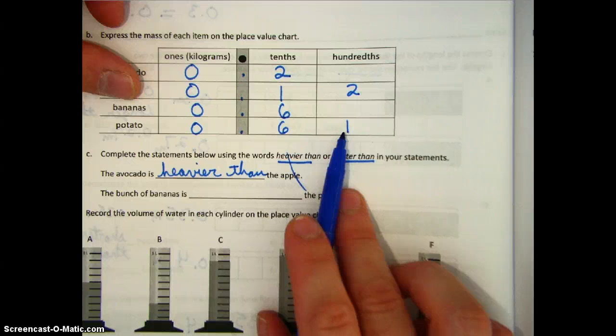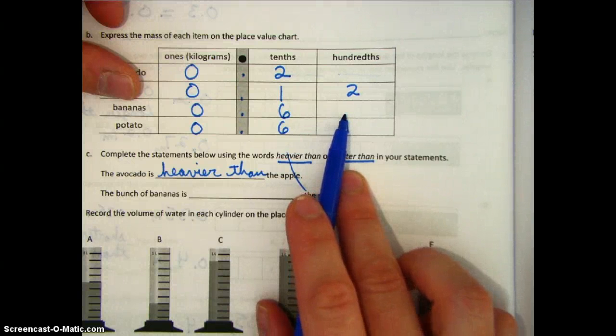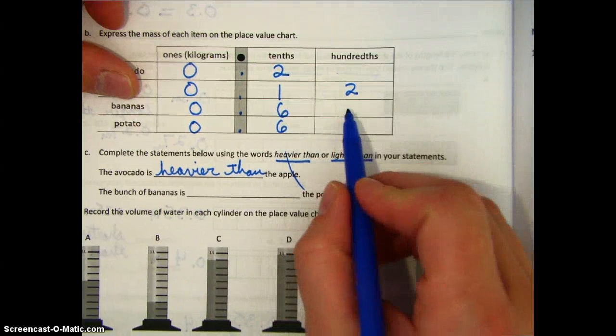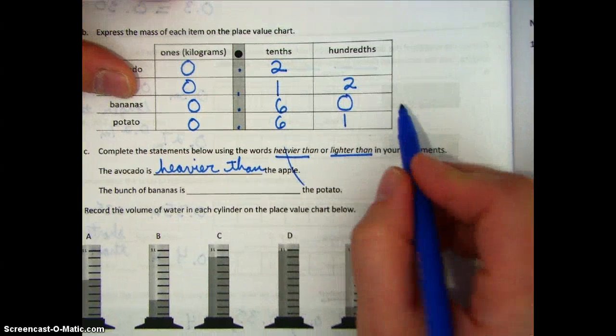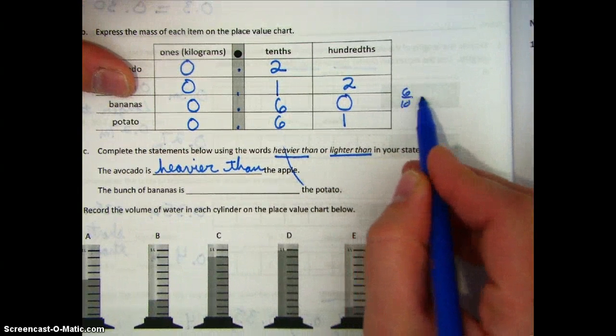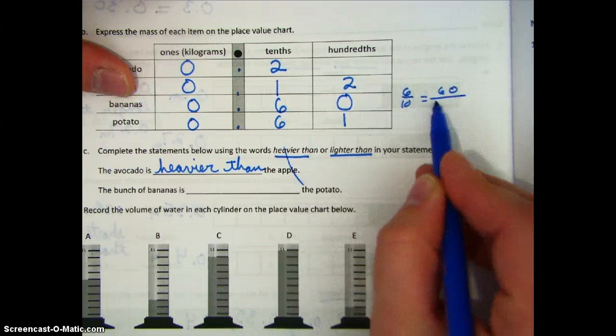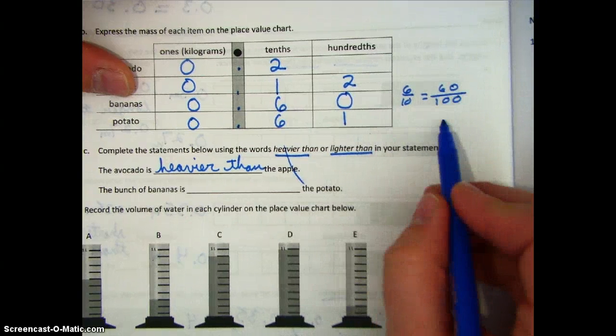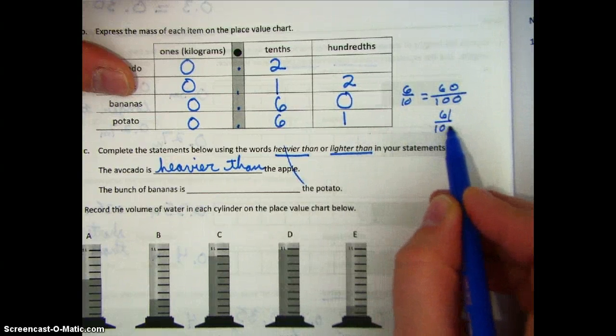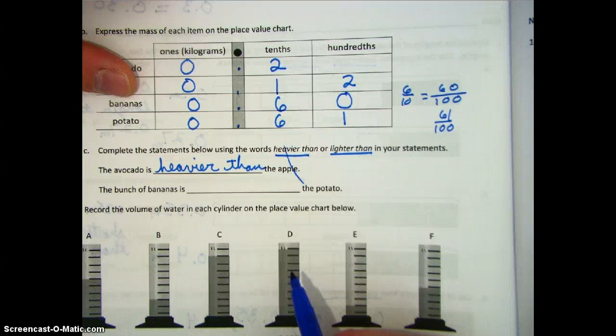Okay, well, we have a 1 in the 100th place here, but we didn't fill anything in for the bananas in the 100th place. So since we didn't write anything down, there's actually a 0 there. Because remember that 6/10 equals 60 hundredths. Okay, so now we can see that we're comparing 60 hundredths versus 61 hundredths.